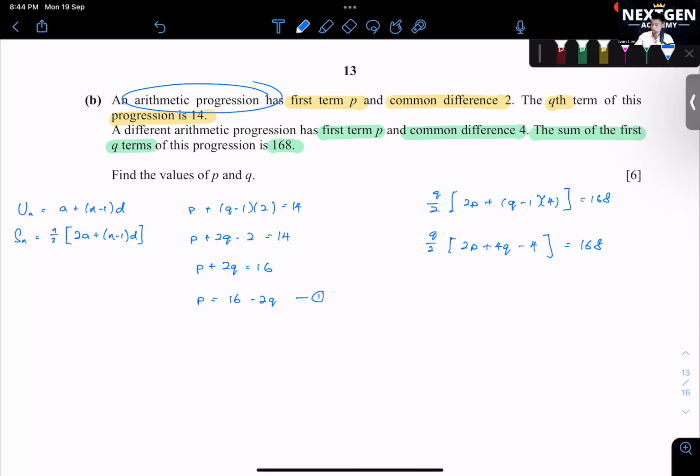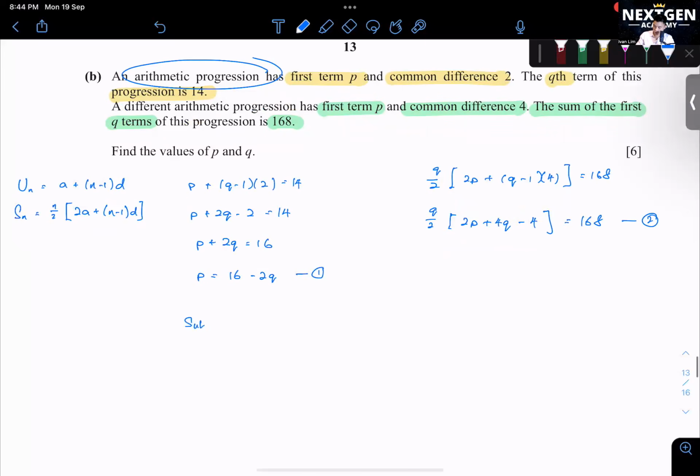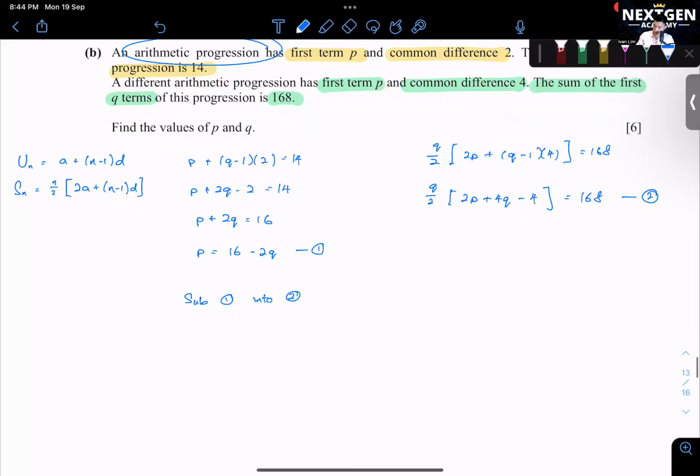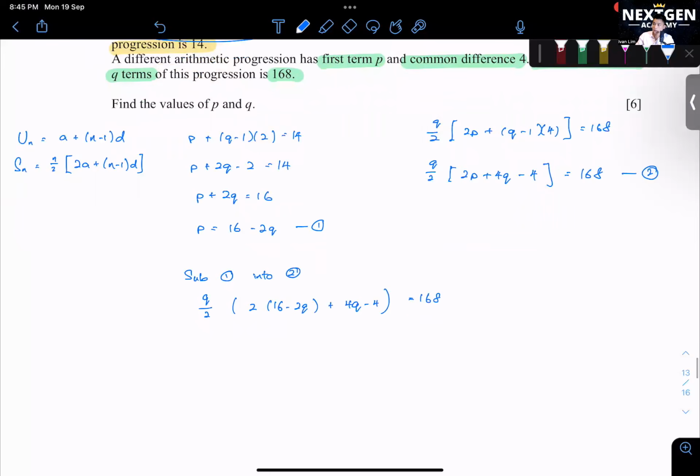Okay, you just sub in from here. Sub in from here. So sub equation 1 into 2. So Q over 2, 2 times 16 minus 2Q plus 4Q minus 4 equals 168.